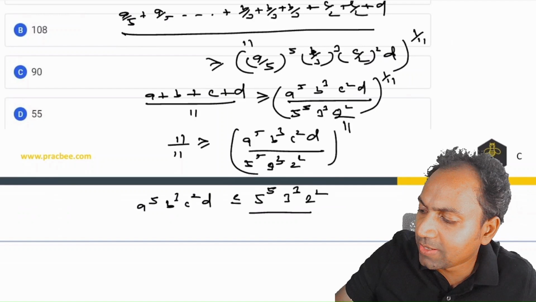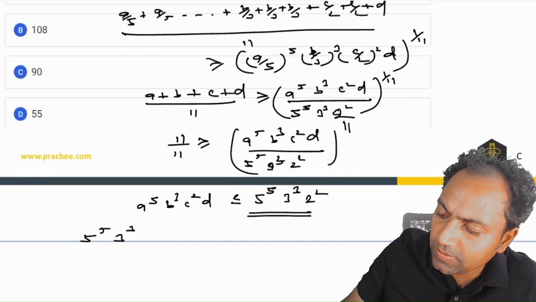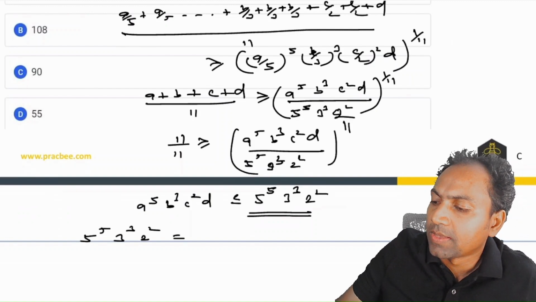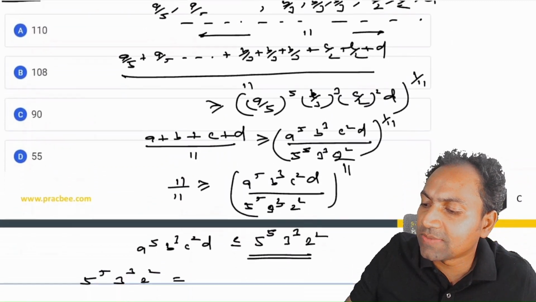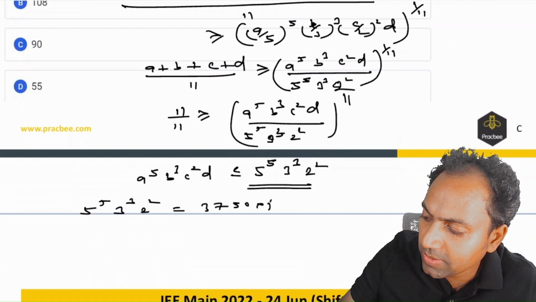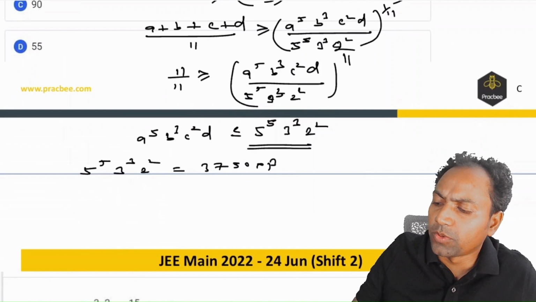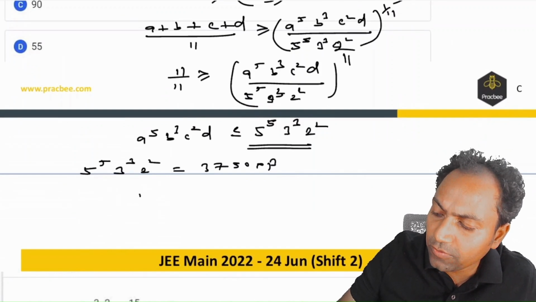Now what they've given is that 5 raised to the power 5, 3 cube, 2 square should be equal to 3750 into beta. Now this can be easily solved. If you factorize it, the value of beta comes out to be 90.